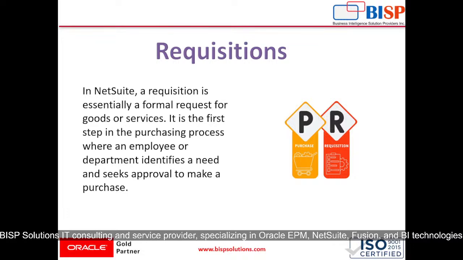Let me explain in simple language. Firstly, they will be identifying a need, like an employee or a department realizes they need something, like office supplies or a new piece of equipment. So they will be creating a requisition in which they will be giving all the details, like what they need, why they need it, and any specific requirements.